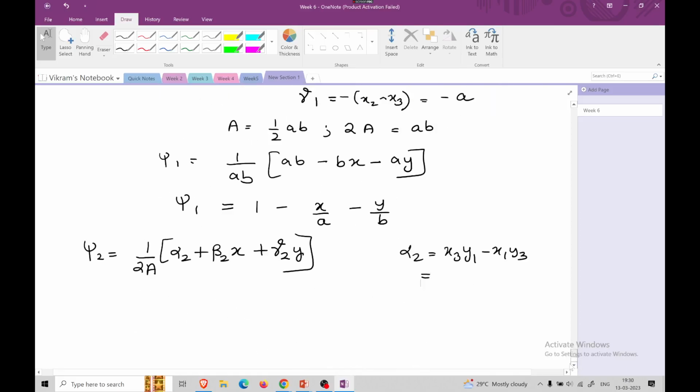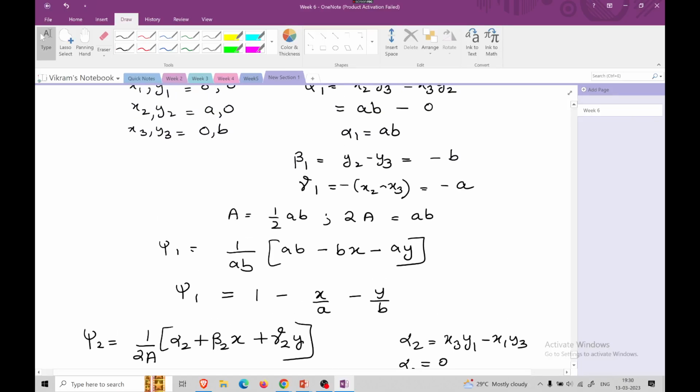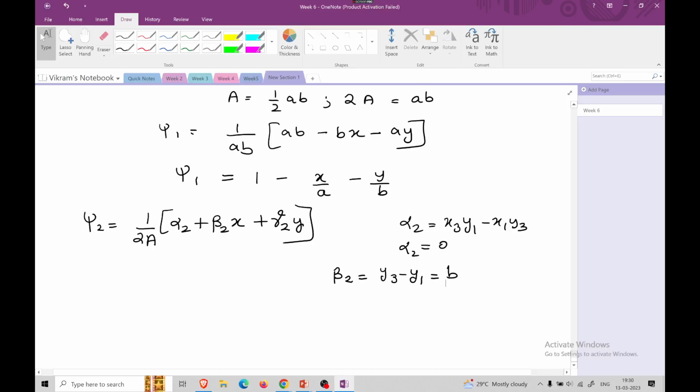So finally this is going to be 0. β2 is y3 minus y1, so it is simply b minus 0, b. And γ2 is minus of x3 minus x1, which is 0.